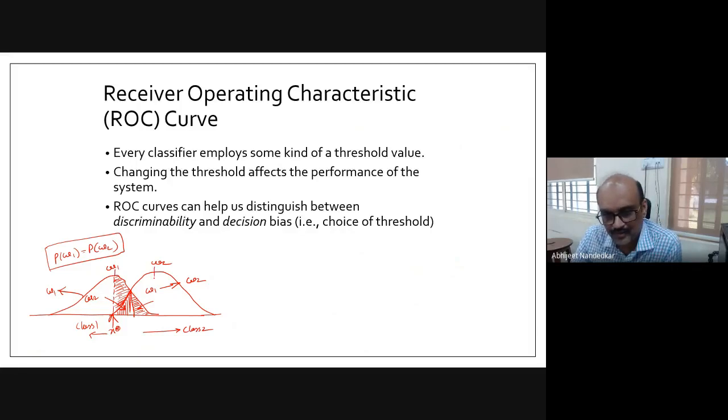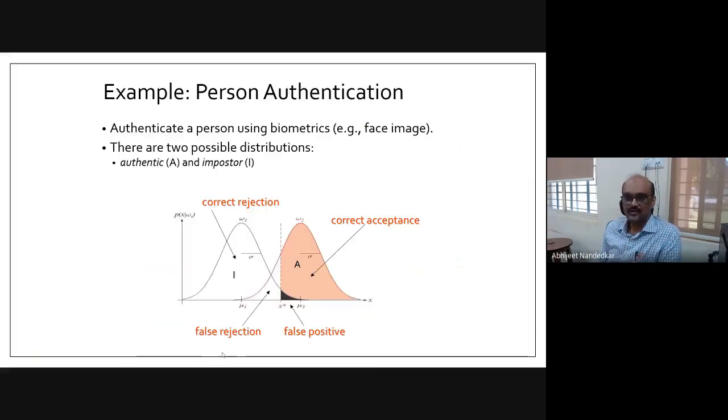Now if I set threshold here, then lot of portion of omega 2 is classified as omega 1. So what Bayes is doing, Bayes is setting the threshold such that this error is minimized. Now to see the effect of this threshold, we can have this ROC curves for the classifiers.